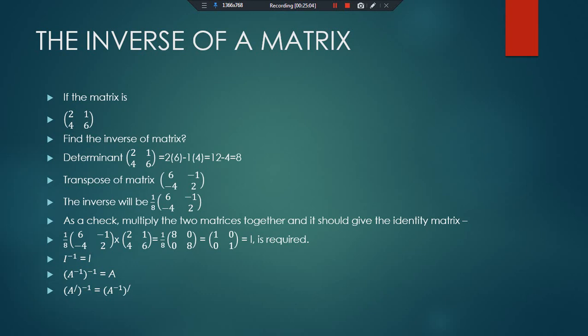And if you multiply two matrices and take the inverse of the product, the answer will be B inverse times A inverse.